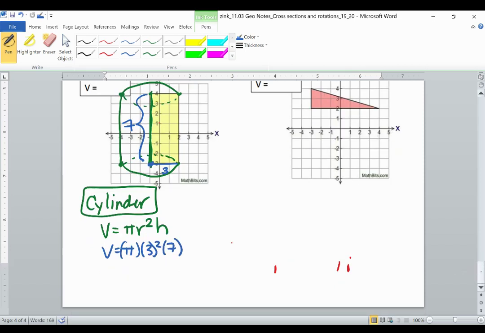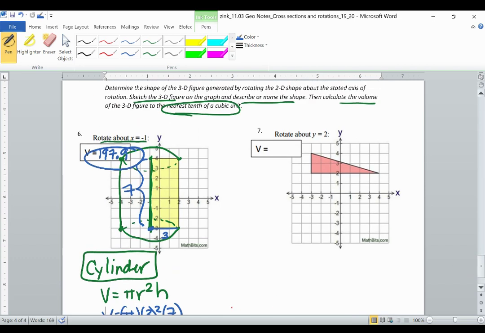That gives us 9 times 7, which is 63 pi. And then it said to round to the nearest tenth of a cubic unit. So type in 63 pi into your calculator. Gives us 197.9203372. To the nearest tenth would be 197.9 cubic units.